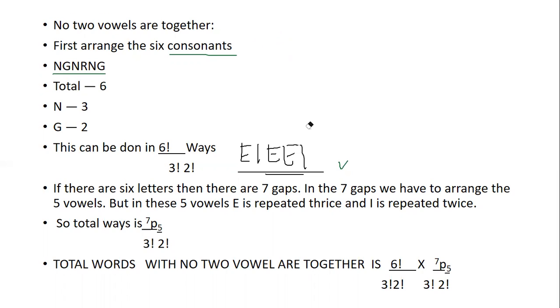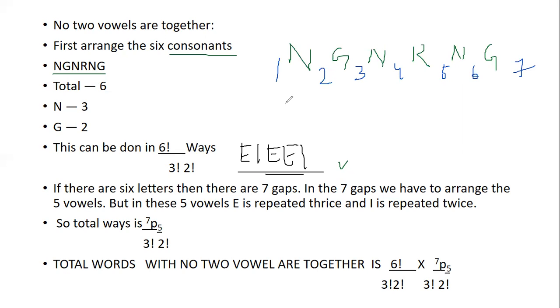Now how do we arrange the consonants? Let us write down N, G, N, R, N, G. Now let us find out how many gaps there are for us to fill. Here there is 1, 2, 3, 4, 5, 6, 7.